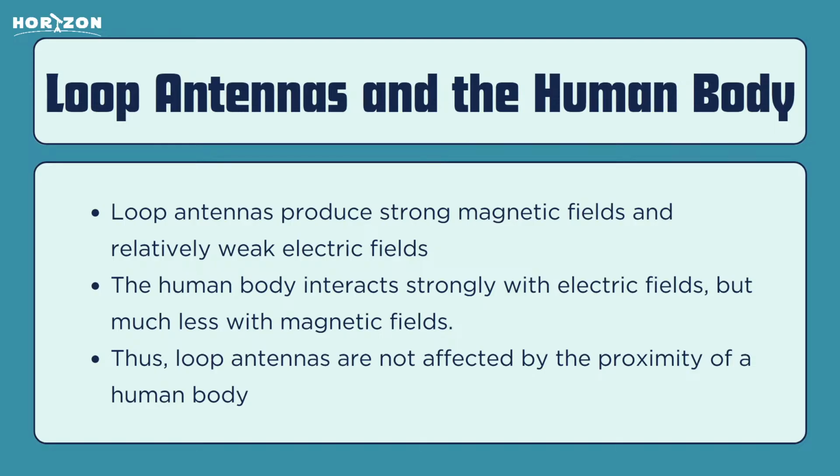Another important feature of loop antennas is that they produce strong magnetic fields and relatively weak electric fields. This has an interesting application involving the human body. The human body has a high permittivity, which means that it interacts strongly with electric fields, but it has a low permeability, which means that it interacts less with magnetic fields.